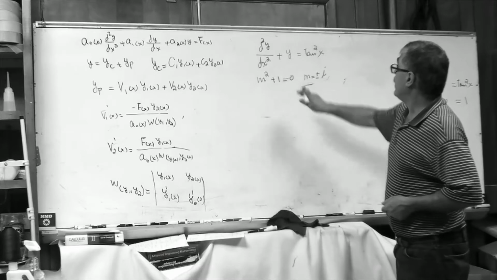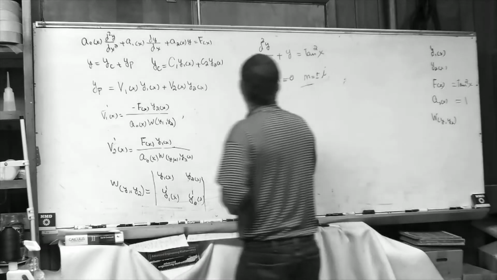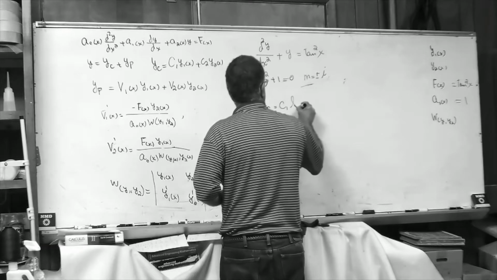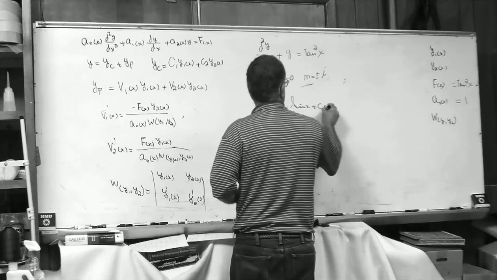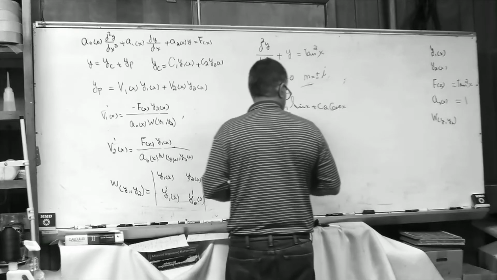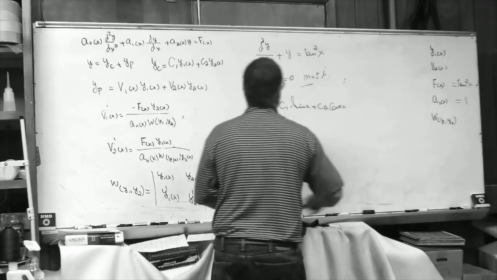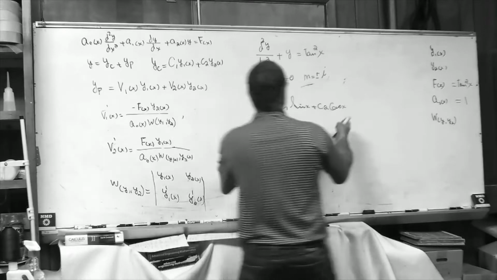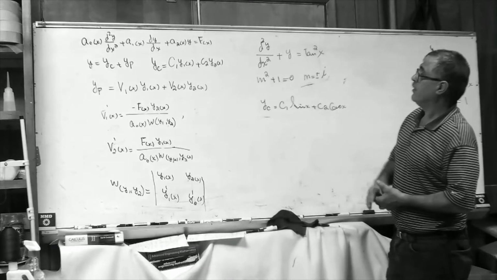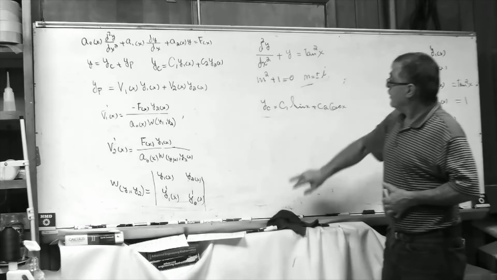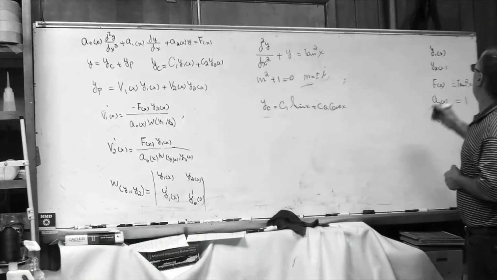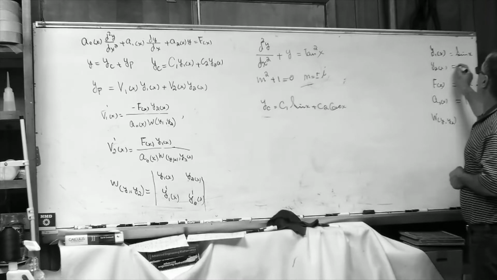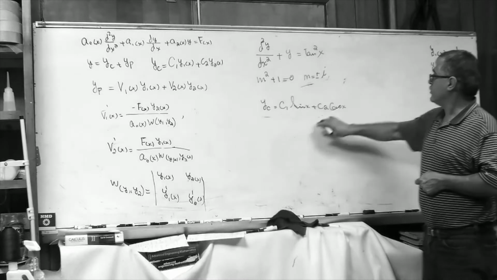So the solution for imaginary roots will be yc equal to c1 sine of x plus c2 cosine of x. Now if we compare this with that, we see that our y1(x) is sine of x and our y2(x) is cosine of x.